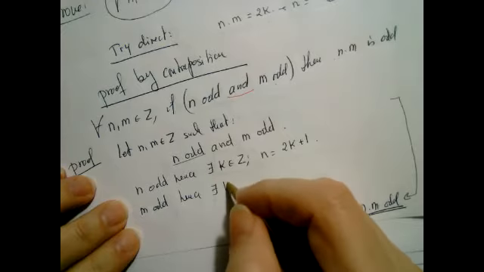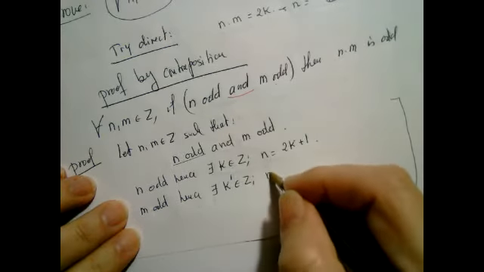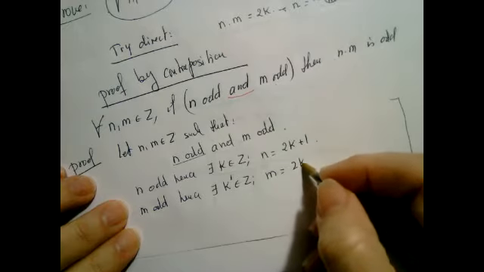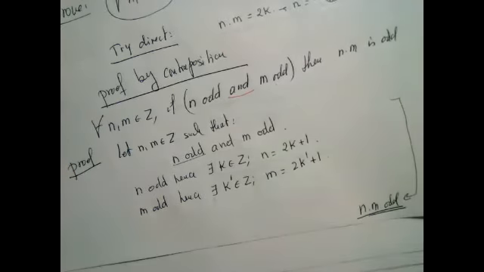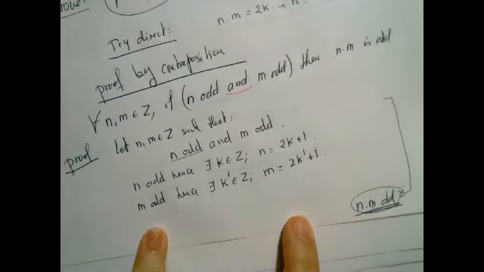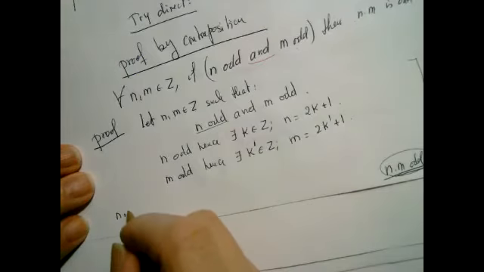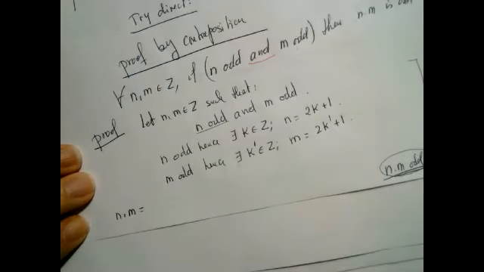Again, I can find another integer, I call it k prime in Z. We have to make sure that my k and k prime are not the same. Okay, that's what I want. I know where I am. I know where I'm heading. So now I just take the simple product. I multiply them. So that's what I want at the end.